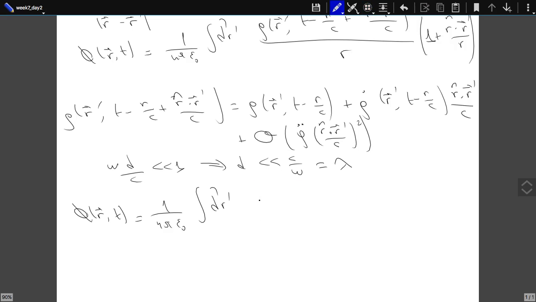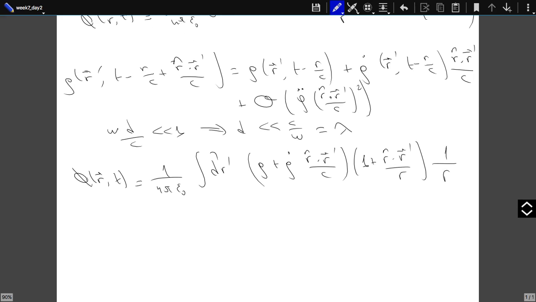So this is rho plus rho dot r hat dot r prime over c, 1 plus r hat dot r prime over r, times 1 over r. 1 over 4 pi epsilon 0, d cubed r prime. I have the 1 over r. You see, I'm integrating over r prime.